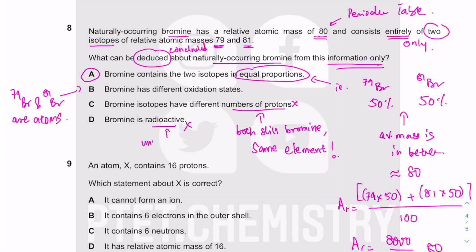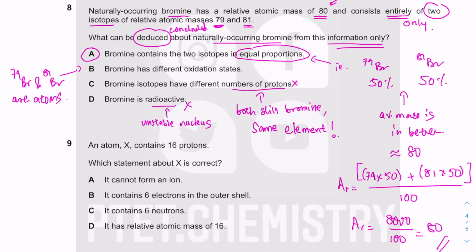Radioactive means unstable nucleus, so you want to break up and form elements of smaller nucleus. Bromine isn't that, because bromine is one of two liquids at room temperature and pressure, at 25 degrees Celsius, and is stable enough to exist as such, the other one being liquid mercury.